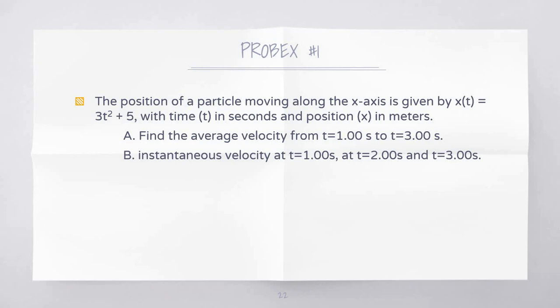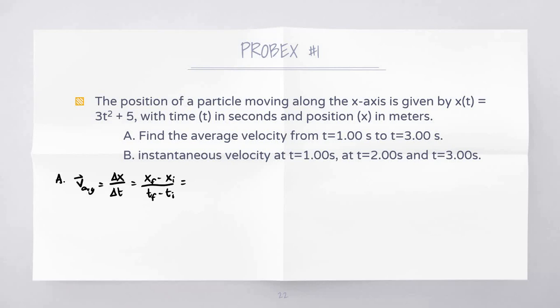So let's try to answer letter A first. In order to find the answer for letter A, again, what is the formula for average velocity? Average velocity is equal to delta x over delta t, where delta x is equal to x sub f minus x sub i over t sub f minus t sub i.